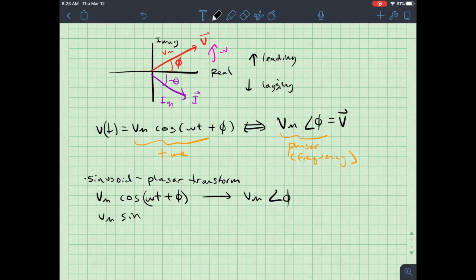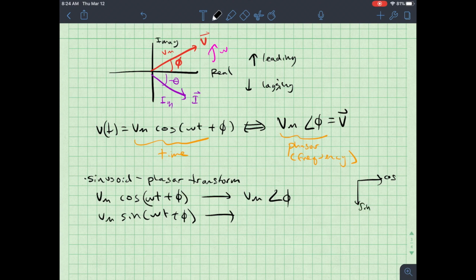Now Vm sine omega t plus phi. For those of you who have seen how we represent sinusoids, what I'm trying to do here is take a cosine and project it onto the sine axis. Typically I align the cosine, because I know it's the real part, with the real axis, and sine is down here. So if I want to move a cosine into looking like a sine, I've got to take minus 90 degrees.